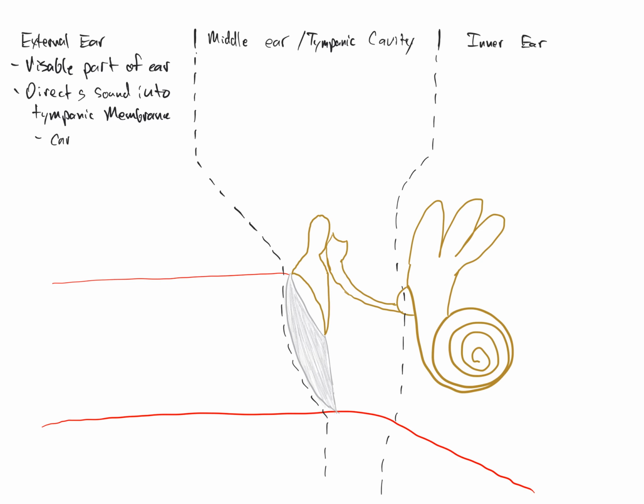And cartilage keeps the acoustic canal open. Along with all that, it also has cerumen, or earwax, which helps.